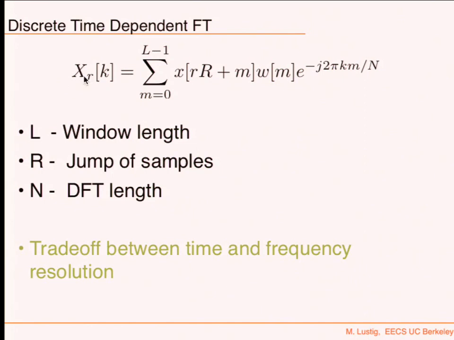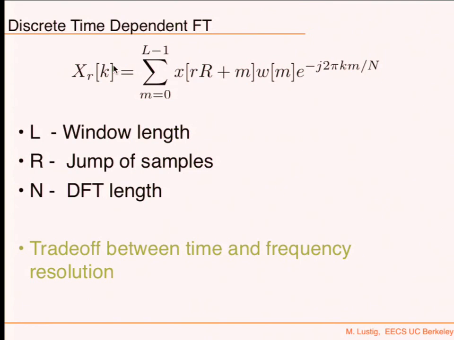We're going to call it x sub r of k. Okay? R is where we're going to be. It's the time dimension or the sample dimension. K would be the frequency dimension. But now they're all indexed. Everything is like 1, 2, 3, 4, 5, 0.